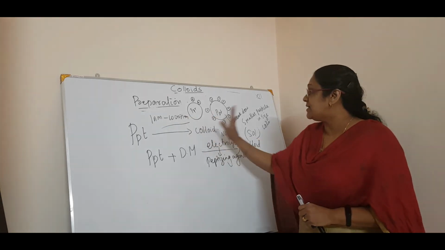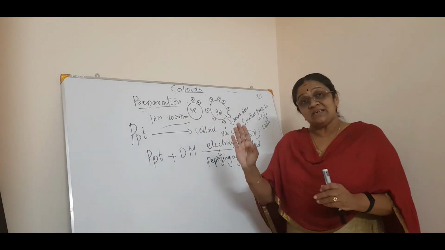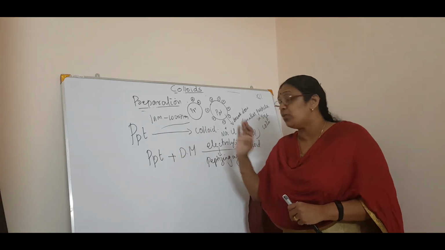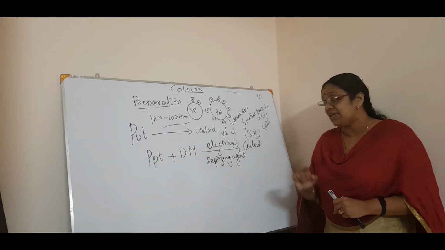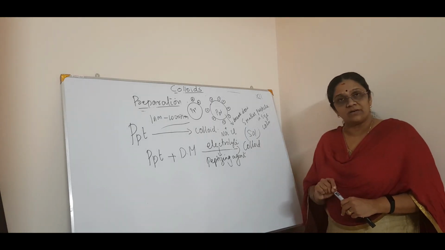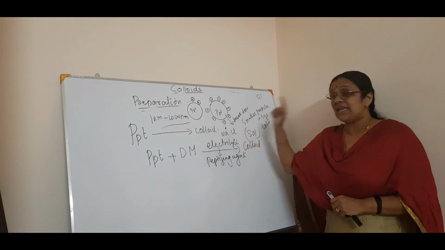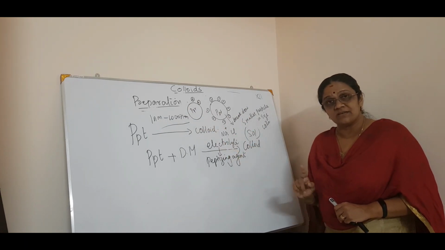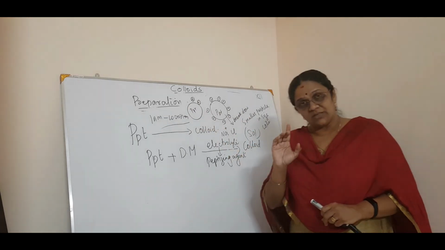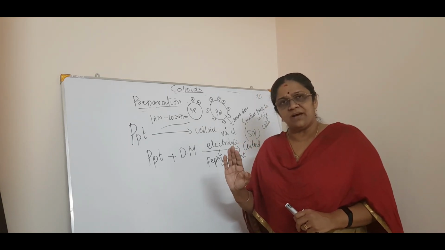The last method is peptization, directly converting the precipitate into a colloid in the presence of an electrolyte, called a peptizing agent, through adsorption of either a negative or a positive charge from the electrolyte. It is very simple.